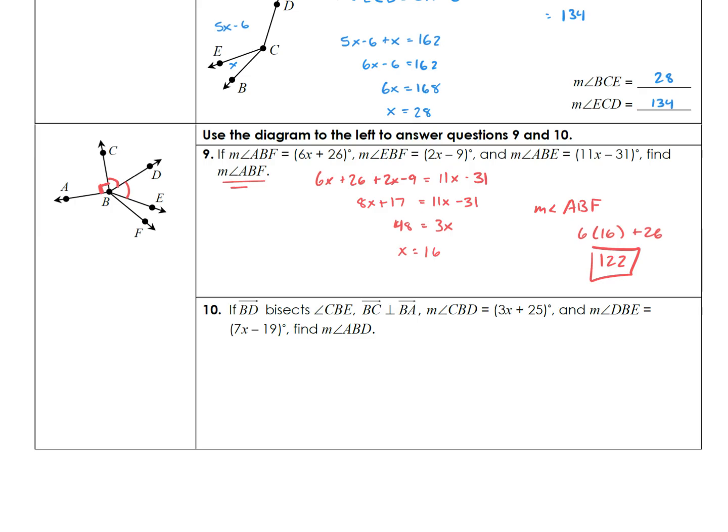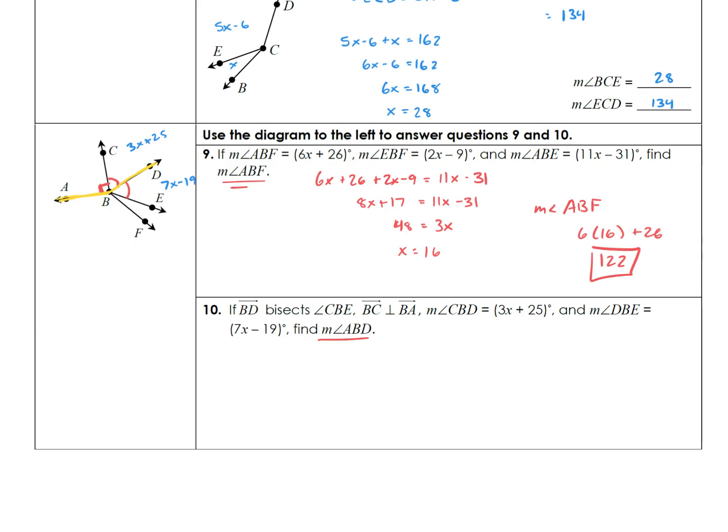All right, and then we want to find ABD. So I want to find ABD right here. Okay, now I'm going to fill in the other pieces. We know that angle CBD is 3x plus 25, and that measure of angle DBE is 7x minus 19.